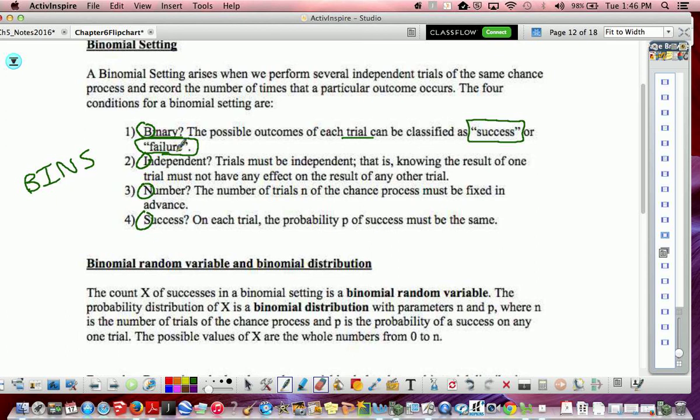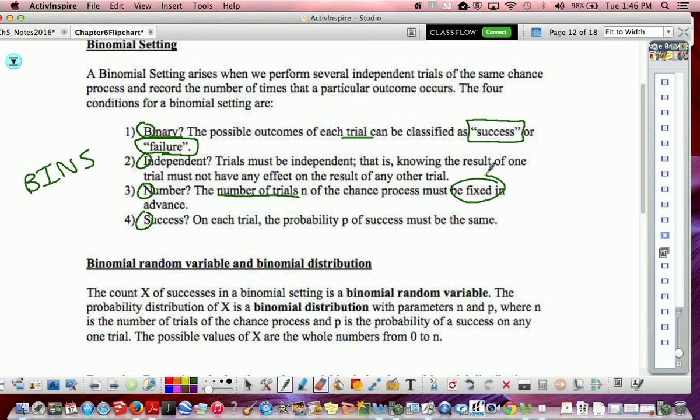The third one is number. The number of trials, meaning how many times you're going to do it, is fixed. You're going to flip the coin a set number of times, 5 times, 10 times. You're going to roll the dice 3 times. I'm going to sample 20 students. The last one is the probability of success.